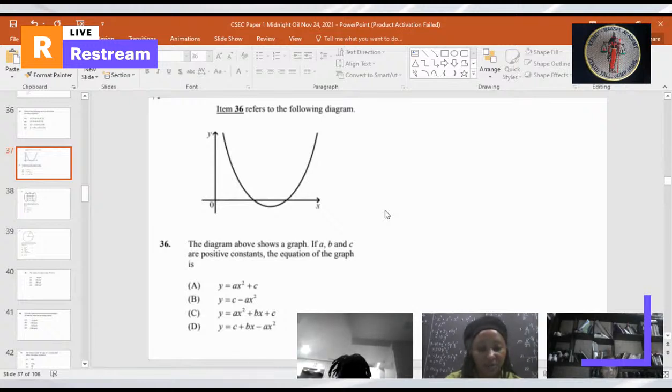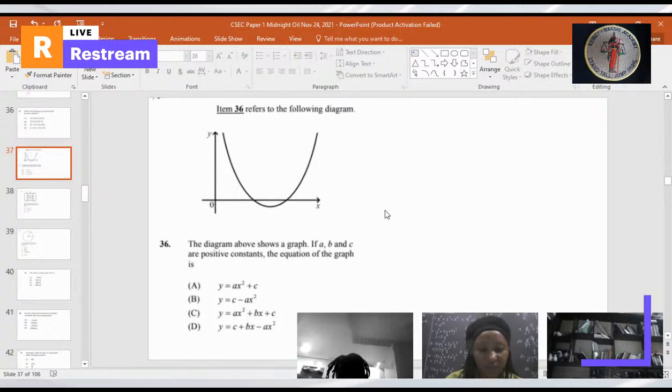Looking at the graph, ax squared plus c would give you the regular quadratic function that is centered around the origin, but just shifted up. Whatever c is, it will just be shifted up to that point c, right?